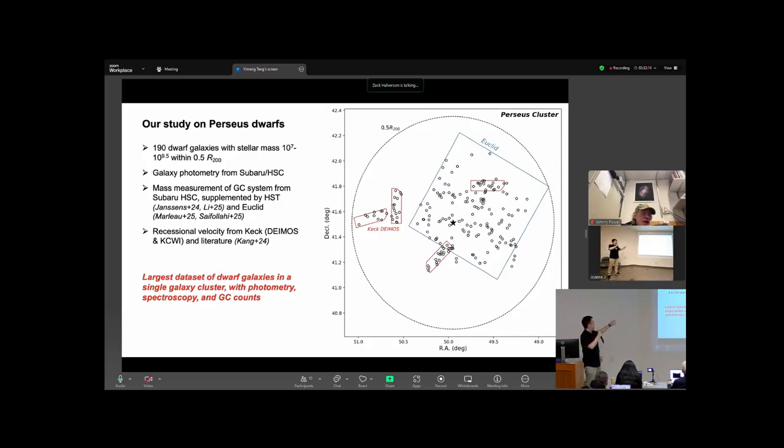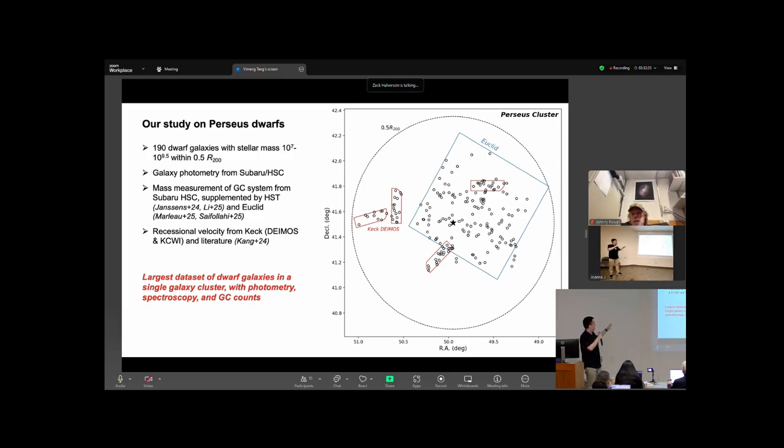Let me talk a bit about our study. We select 190 dwarf galaxies with stellar mass from 10^7 to 10^9.5 within 0.5 virial radius. We got galaxy photometry from Subaru HSC, and we measured the GC system also from HSC, supplemented by HST and Euclid.